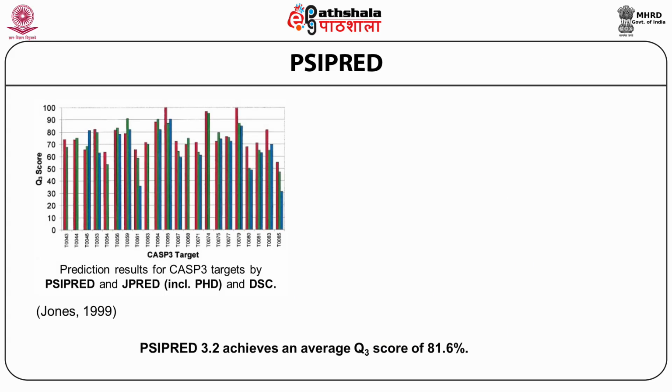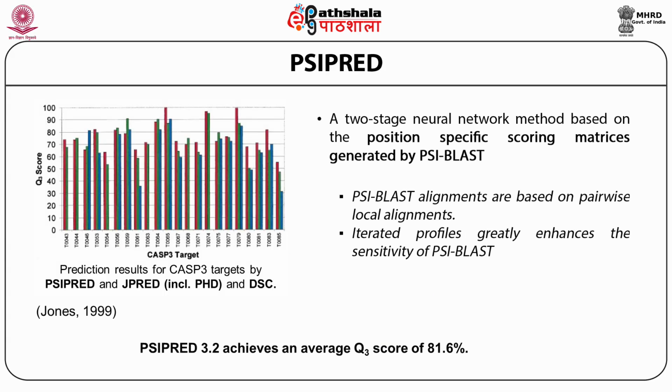CYPRED is a CS-BLAST based secondary structure prediction method. It uses a 2-stage neural network based on the position specific scoring matrices generated by CS-BLAST instead of the simple BLAST used in the PHD method. The bar graph shown here is the comparison of prediction results for CASP3 targets by CYPRED and 2 other popular methods, JPRED, which is a PHD based method, and DSC.